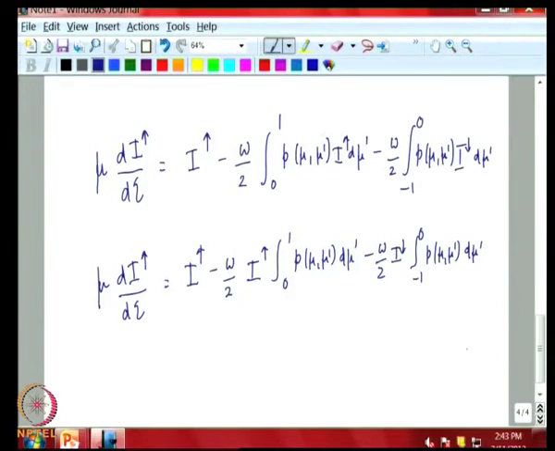Now, since you are going to encounter these integrals quite often, it is useful to define a B of mu as half 0 to 1 P mu mu prime d mu prime.